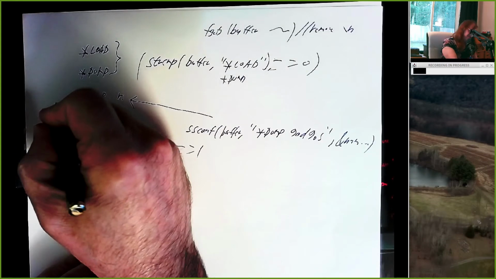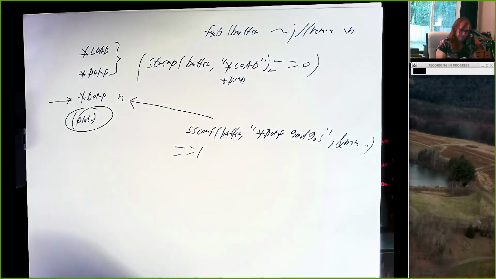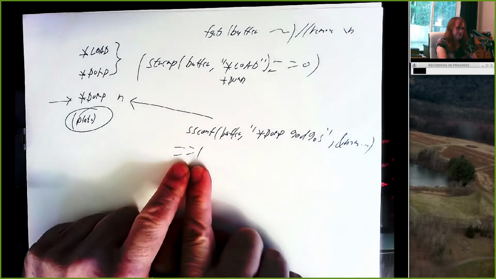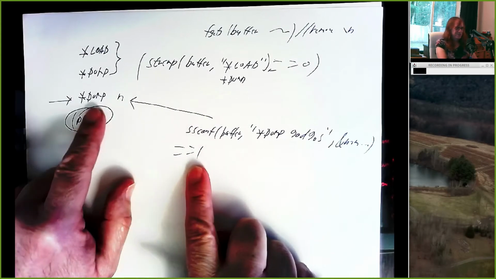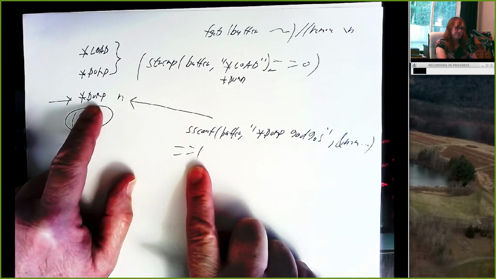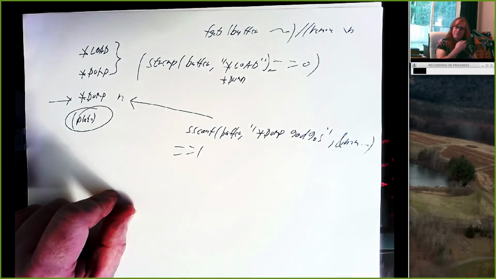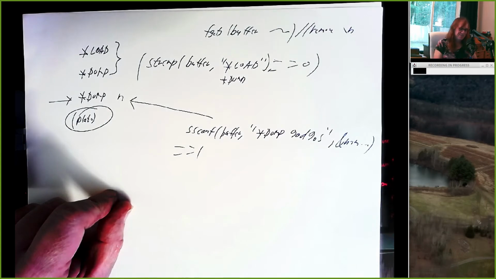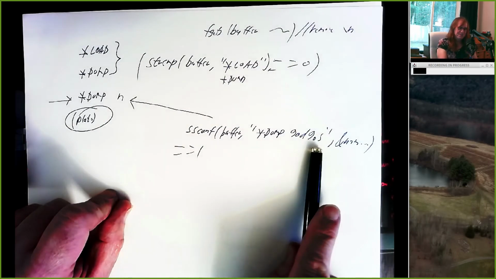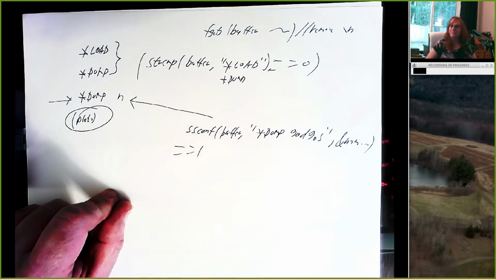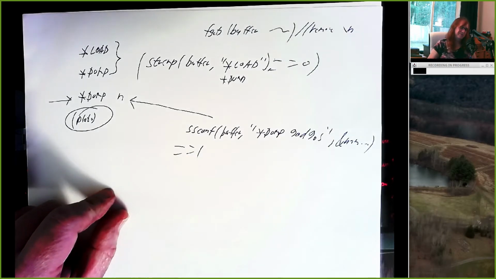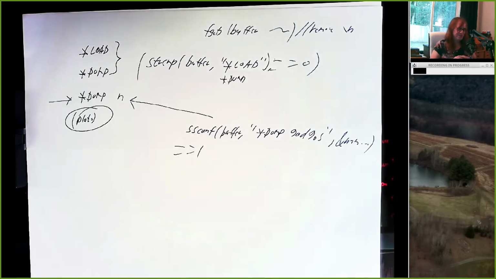For example, if you start off with this, that's fine, because if this returns a 1, you know it's a dump followed by a number. If it doesn't return 1, it's not a dump followed by a number. But a lot of people tried to do a scanf with a %s and a %d and a %s, and then look at the value that comes back from this, and if it's 1, do this, if it's 2, do that, if it's -1, do this other thing.